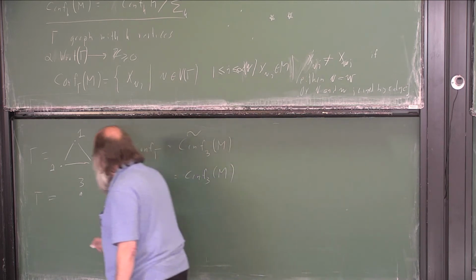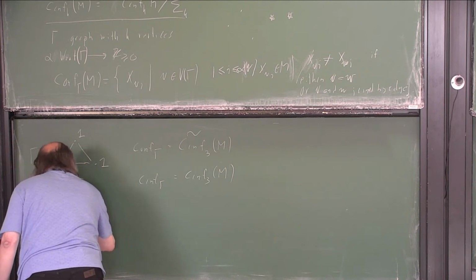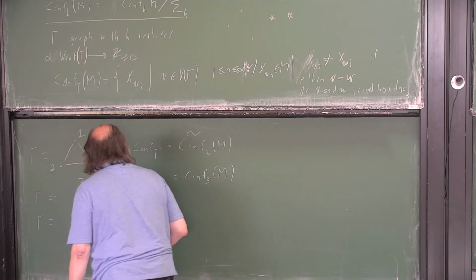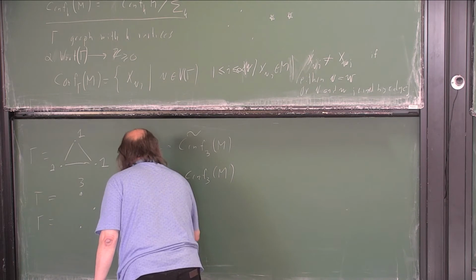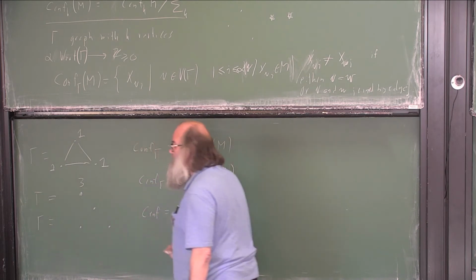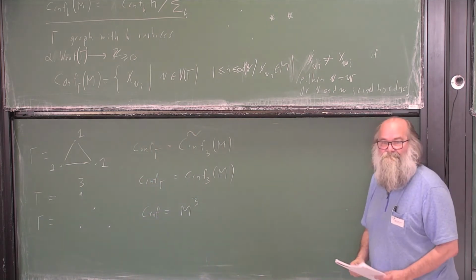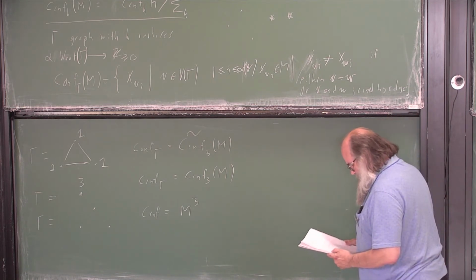And you could also take just 3 vertices with no edges, and then the configuration space is just the product.